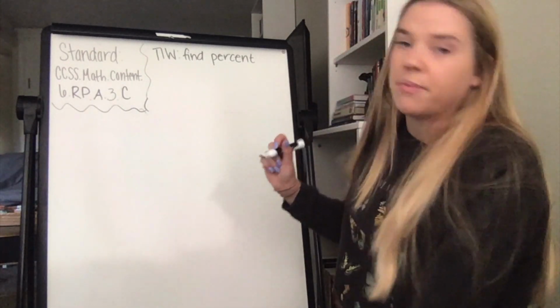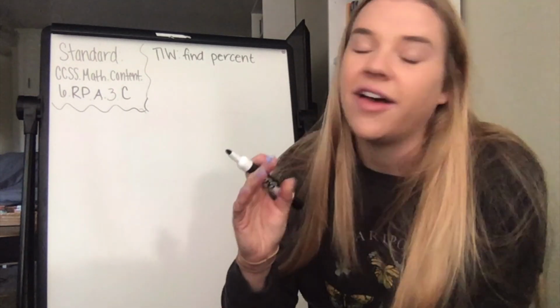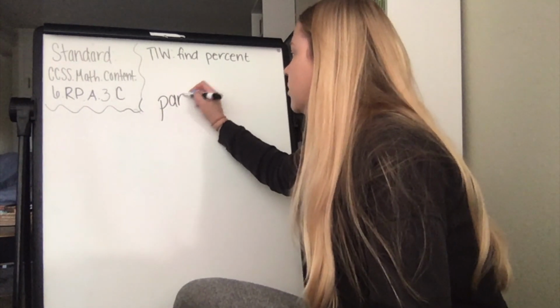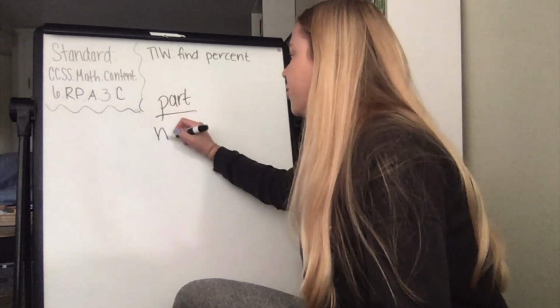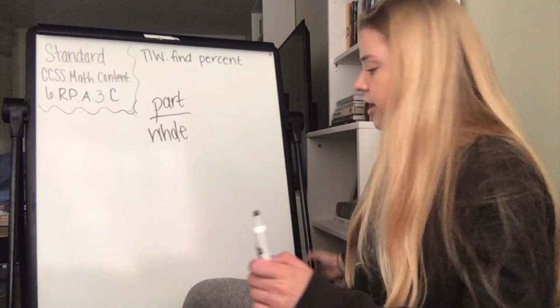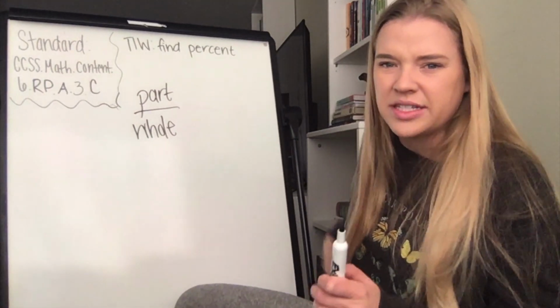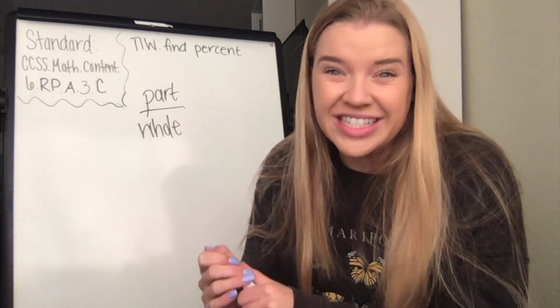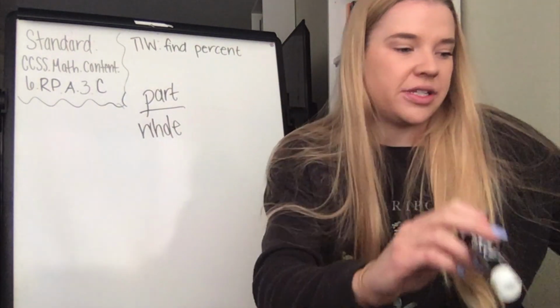So when I'm thinking about percentages, I'm going to think about these in terms of a fraction, part over the whole thing. When I'm talking about percentages, the whole, the entire thing, is always 100%.